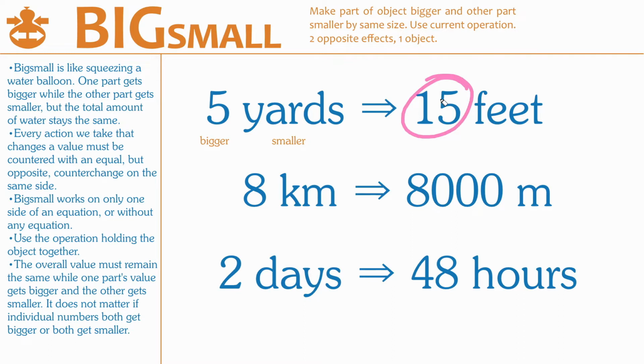The problem is how many feet in 5 yards. So I know I have to go from yards to feet. The unit is getting smaller. And feet are 3 times smaller than yards. So then my number has to get 3 times bigger. Unit gets smaller, number gets bigger.